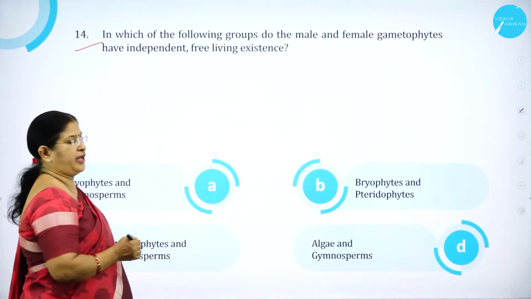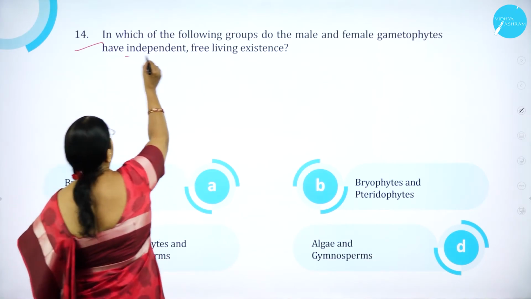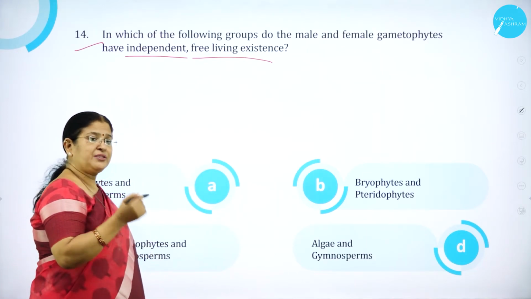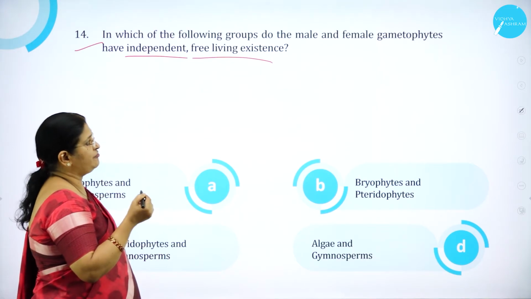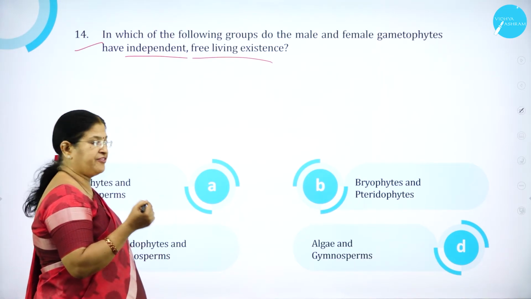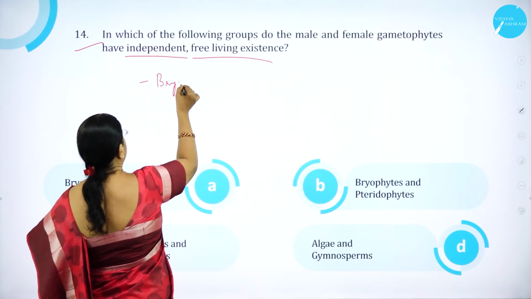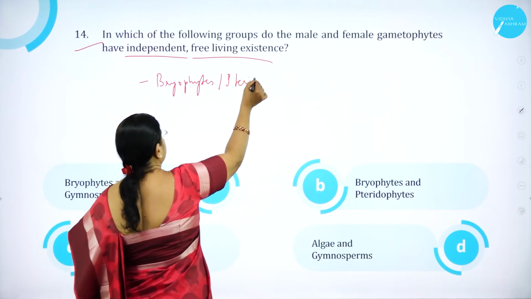In which of the following groups do the male and female gametophytes have independent and free-living existence? Among the plant groups, those which have male and female gametophytes independent and free-living are bryophytes and pteridophytes.